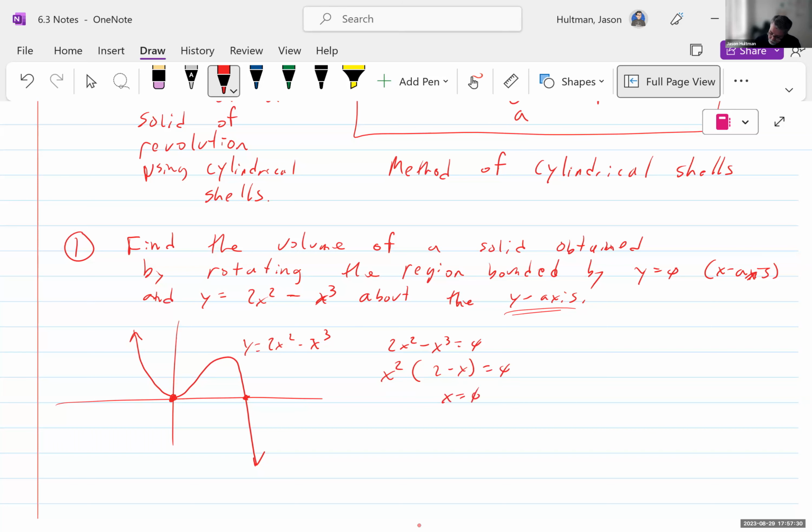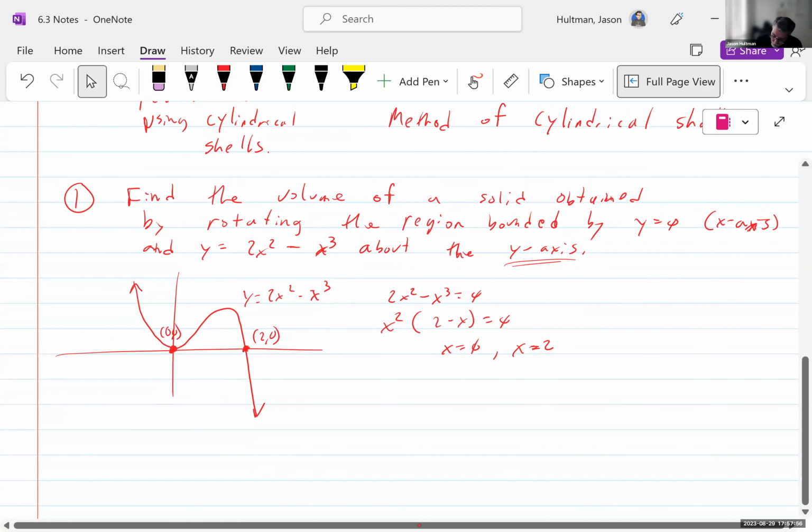So x equals 0 is a 0, and x equals 2 is a 0. Those are both roots of that equation. So this is at 0, 0, and this is at 2, 0. Now I know what my a and b are. My a is 0 and my b is 2.